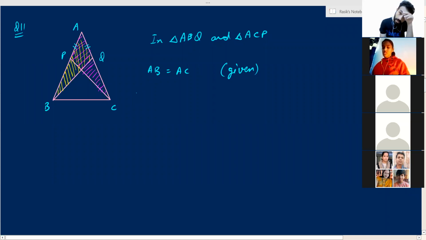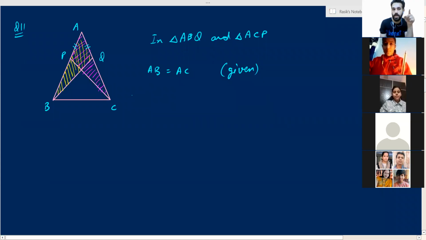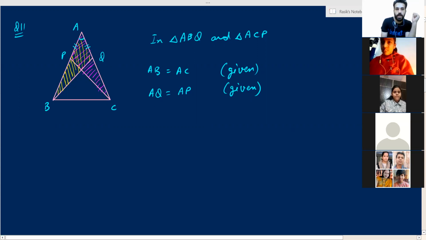ABQ. It is a side of triangle ABQ. You can see this triangle shaded with yellow color. So AQ is equal to AP, again given in the question itself. And the third thing, angle A is a common angle in both the triangles. Angle A is equal to angle A, common.